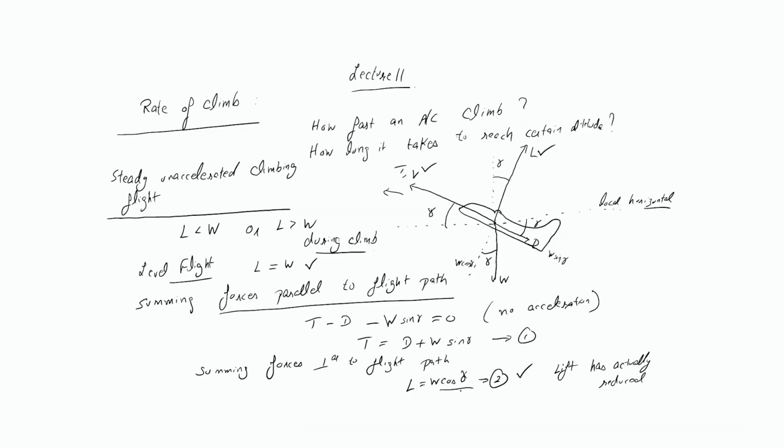At small angles, cos gamma will be approximately equal to 1, but it is still reducing your lift. So lift will be less than your weight. Then how is the aircraft able to climb if lift is less than the weight?